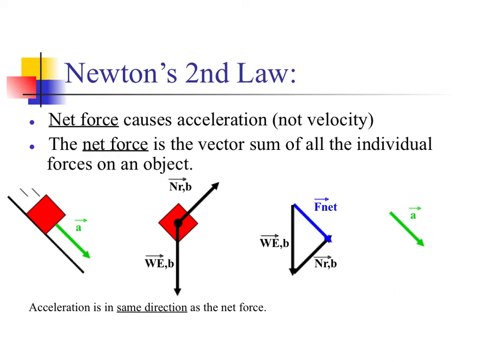The net force, though, is still going to be there, because the object rolls down or slides down the ramp. The net force and the acceleration are always going to point in the same direction.